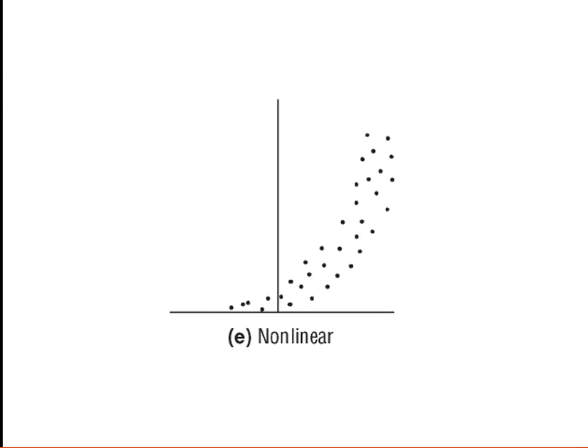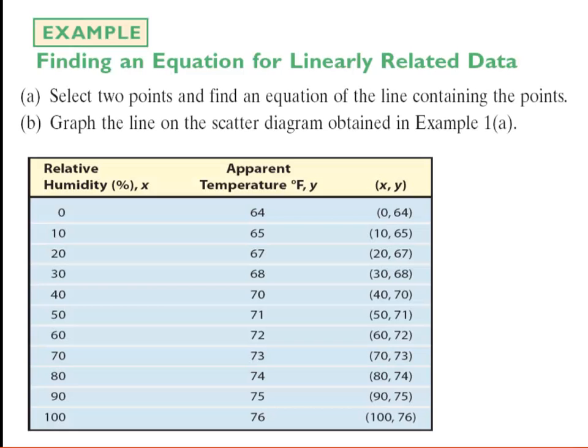And then one other example of a nonlinear data set. So in this section, we're really talking about some realistic data. And if data is realistic, it's going to cluster around a line, but it's not necessarily going to fit exactly on the line. And then we might want to talk about whether data is non-linear as well.